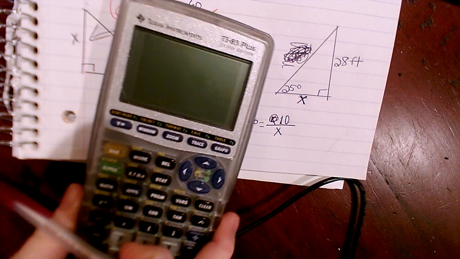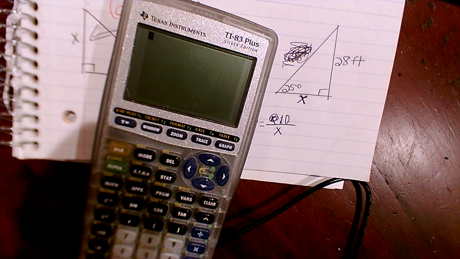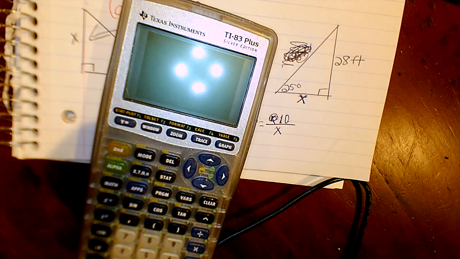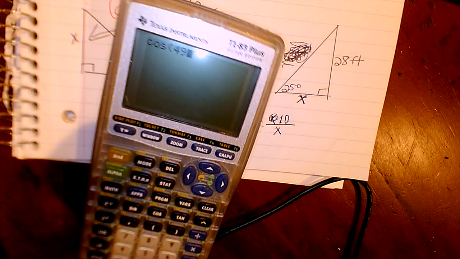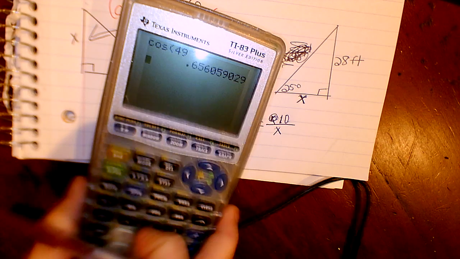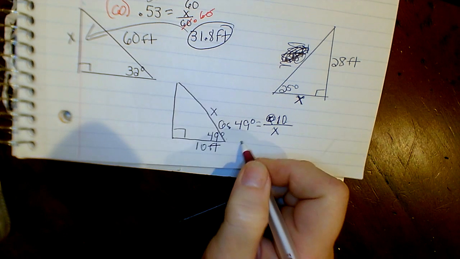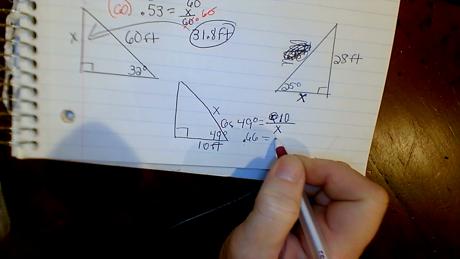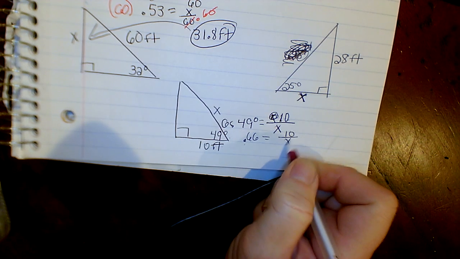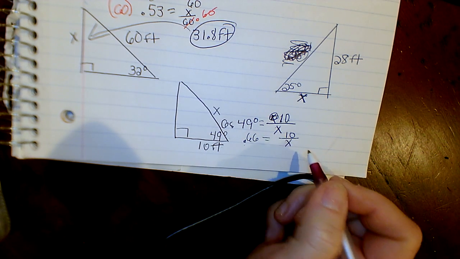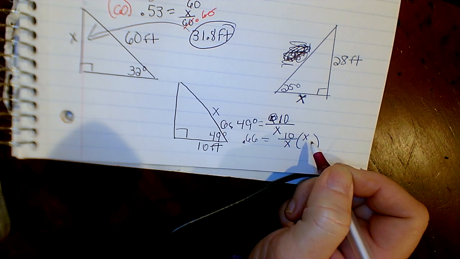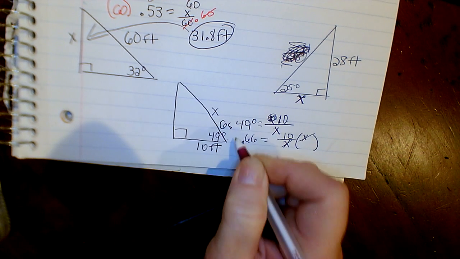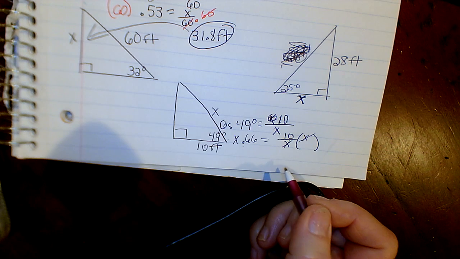On the calculator, I put cosine 49. 0.66. Okay, so 0.66 equals 10 over x. I want to get x by itself, so I'm going to multiply x over here, and I'm going to multiply x over here.